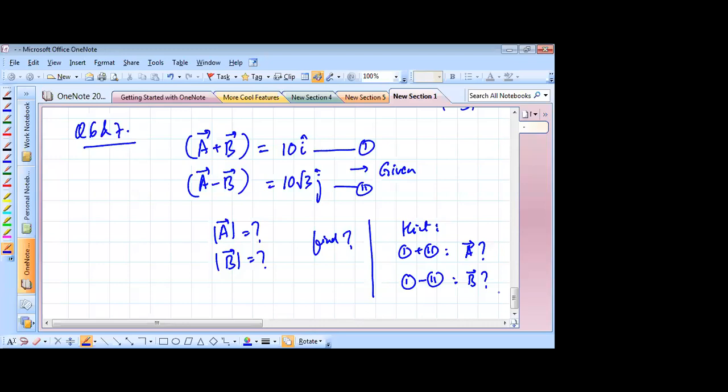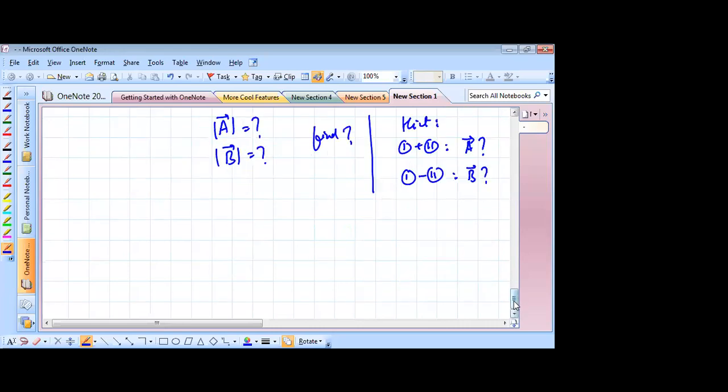Yes, that is correct, Varun. So equation 1 plus 2 actually show you that twice of vector A is 10 i cap plus 10 root 3 j cap.